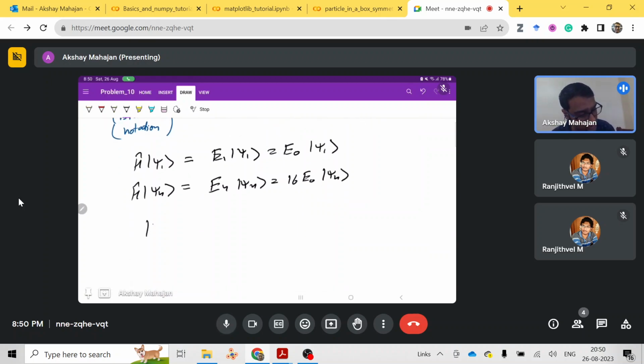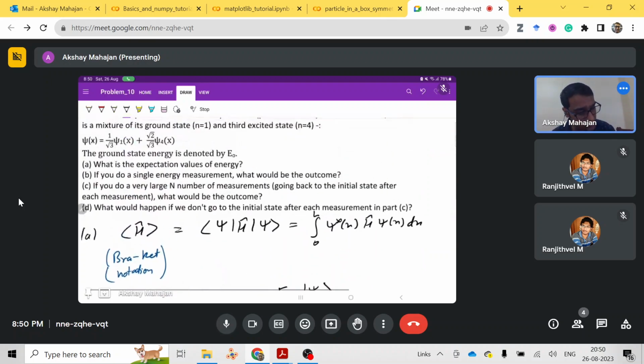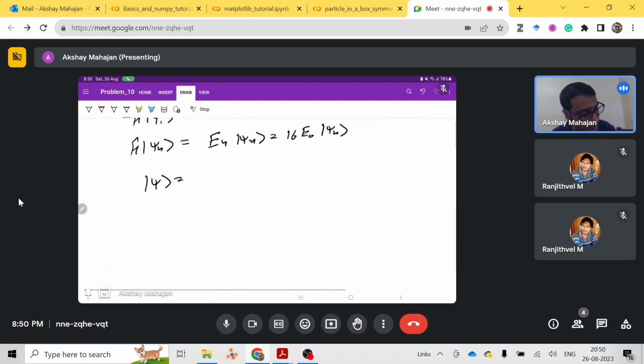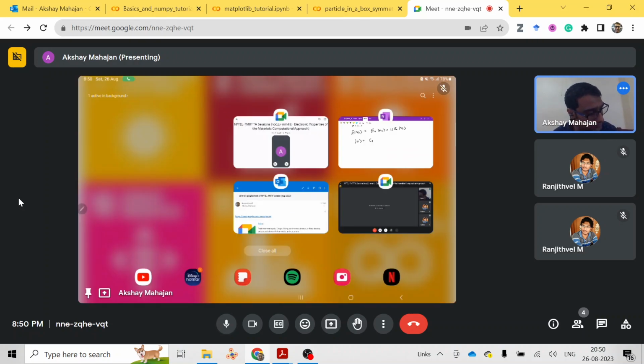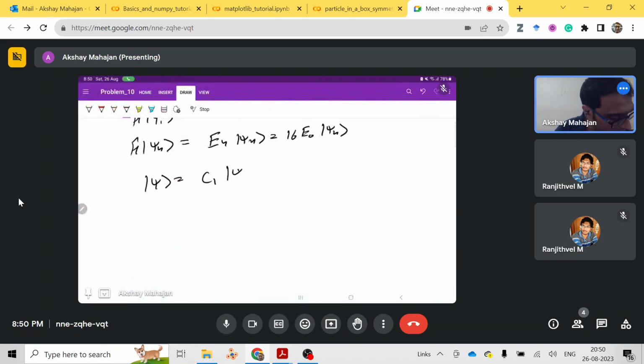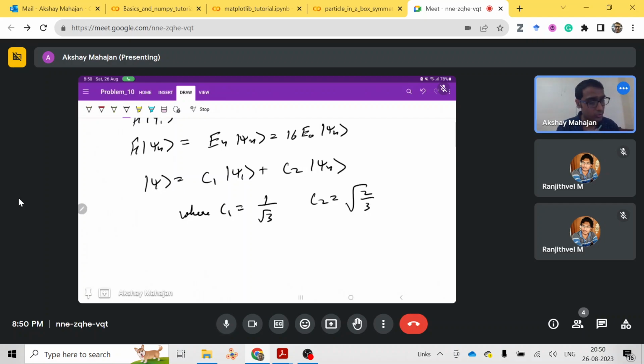I can write my initial wave function psi that is given as C1 times psi 1 plus C2 times psi 4, where C1 is 1 by root 3 and C2 is root of 2 by 3.